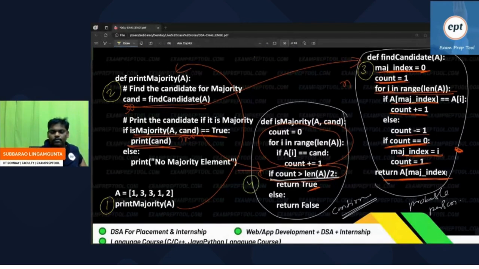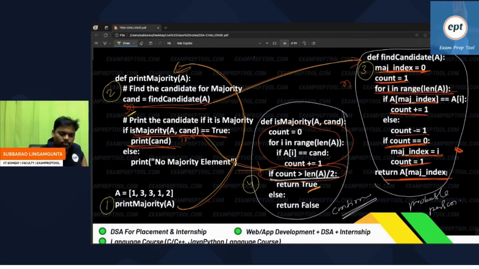That's it. Because space was not available, I wrote at random places. Print majority person: find candidate, he gave 30. Next, is 30 a majority element? He goes here and returns true, so print true. Suppose he returns false, print false.